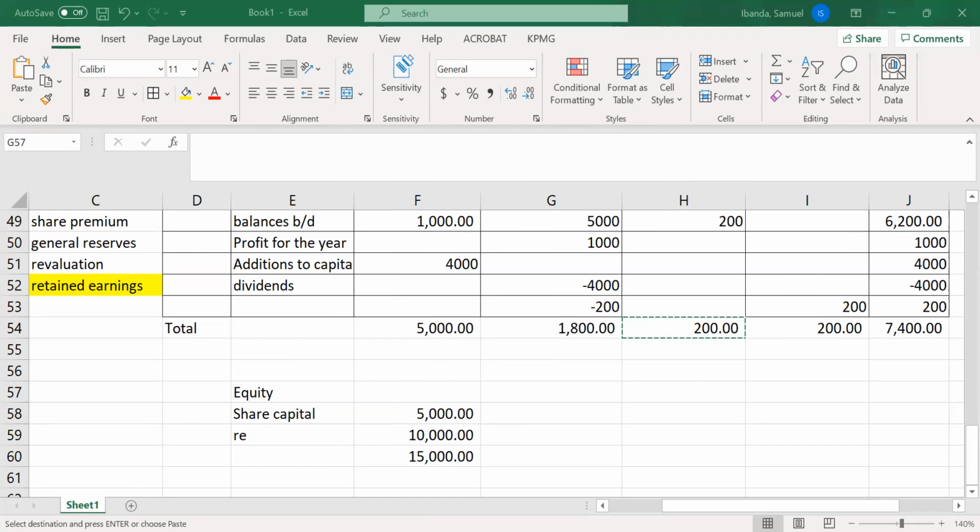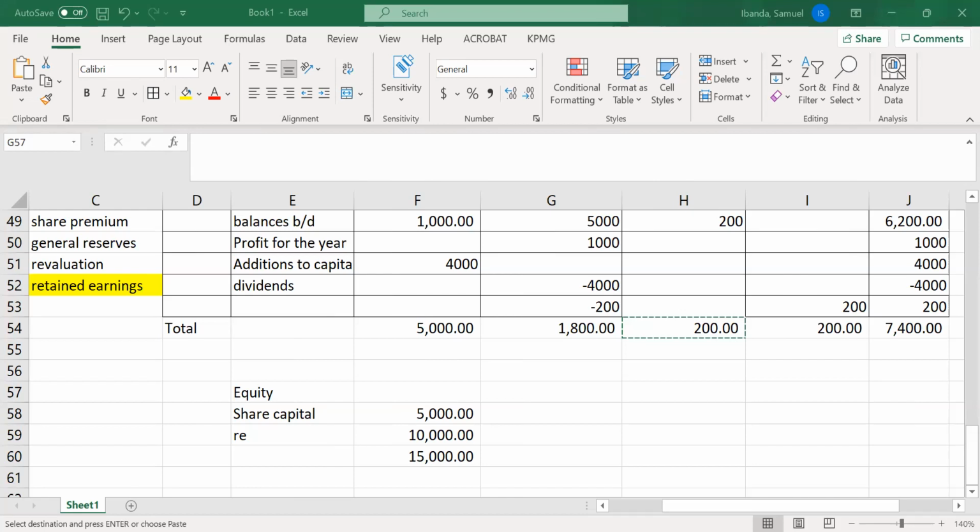Now, we know very well that some of the changes that can happen to partnerships is that partnerships can admit a new partner. They can also go ahead to wind up. Okay. And in most cases, when they admit a new partner, they do what we call a revaluation of their assets. They revalue their assets.